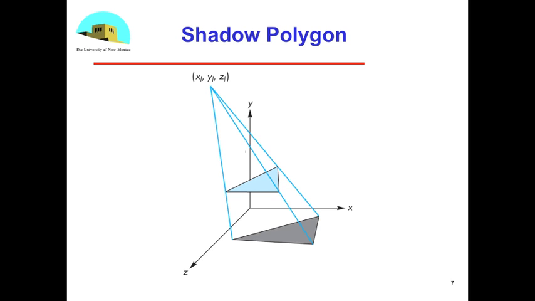Now, how do I do it? Well, if you look at this diagram, you could say, wait a minute, that looks just like what you were doing in perspective, but you've done some kind of translation or rotation here to put the center of projection at the light source rather than at the origin. And in fact, that's correct.